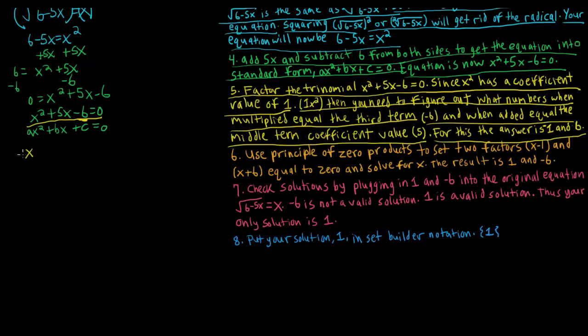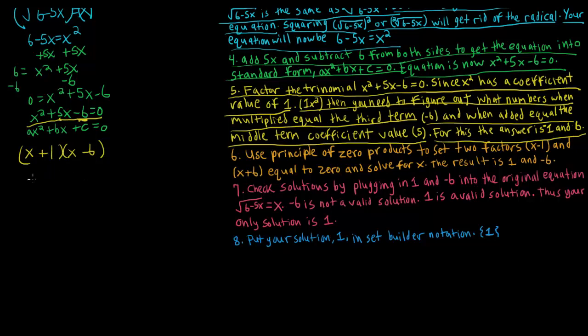So x times x, and then what two numbers when multiplied equal negative 6, and when added equal 5, the middle term? You have more than two options.